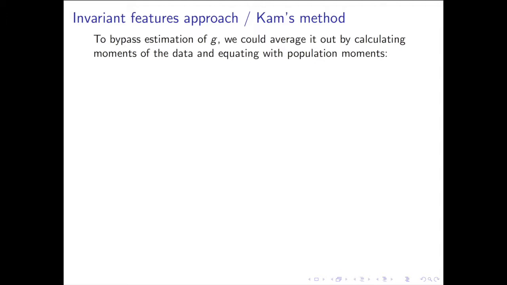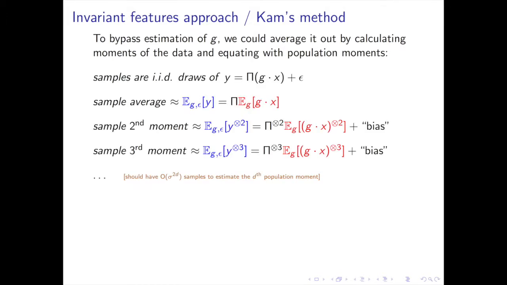So to bypass the estimation of the individual group elements, one could try to average out all of the unknown group elements by computing moments of the data set, of the observations. So you can try to average out the uncertainty.